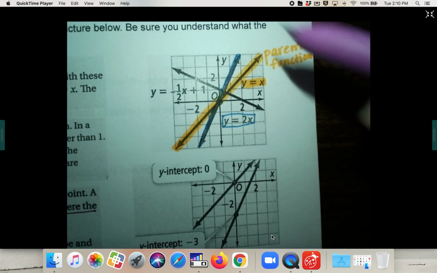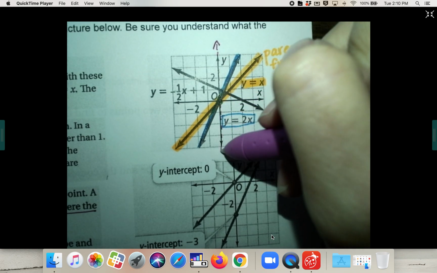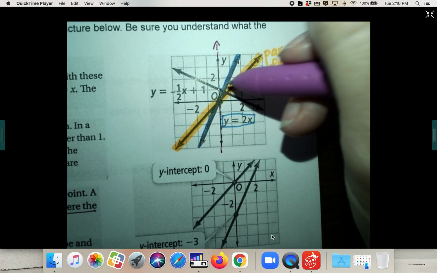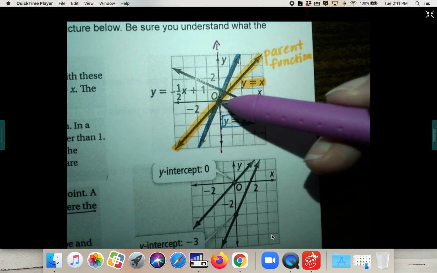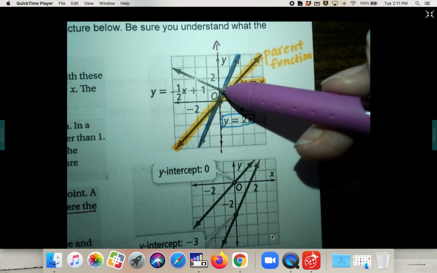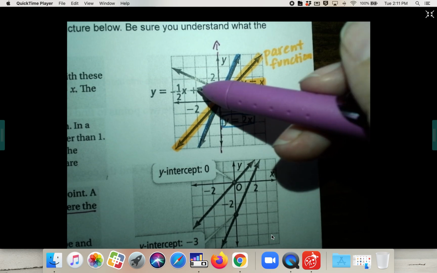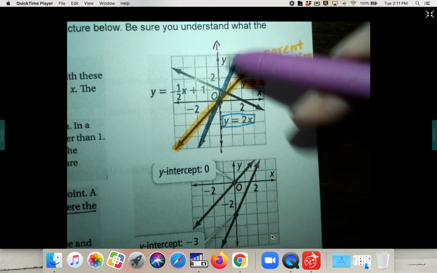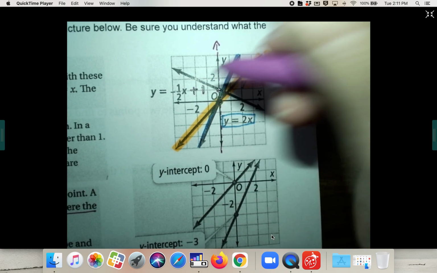So this is your y-axis, and wherever these graphs touch that y-axis is its y-intercept. So the y-intercept of these two is 0, because it crosses at the origin, which is 0. The y-intercept of this graph is 1. That's why it says plus 1 here, because it's going through the y-axis at 1.